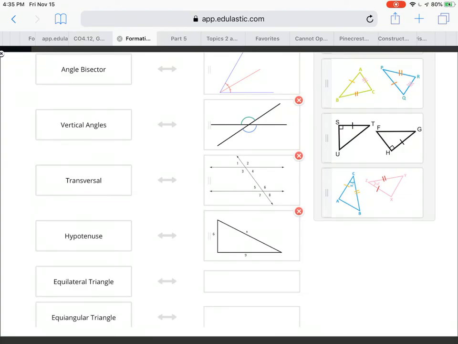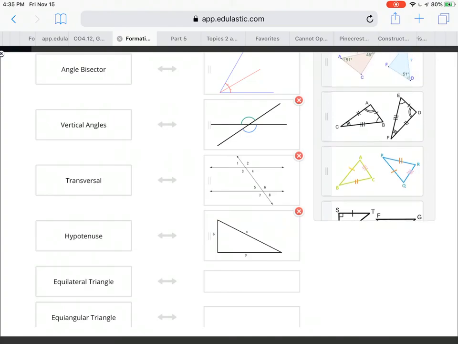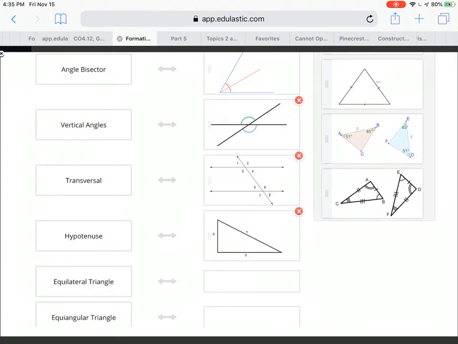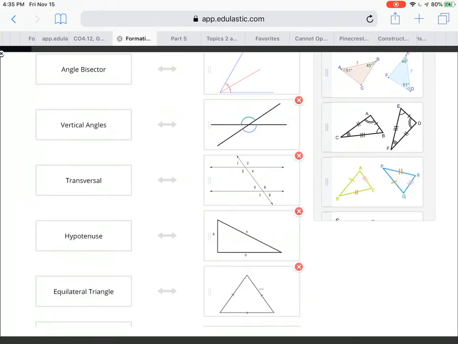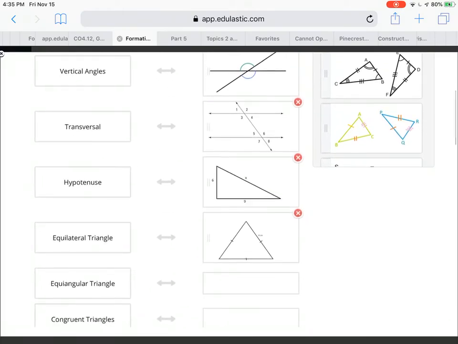Equilateral triangle. So an equilateral triangle is a triangle for which all the sides are the same. Okay, so this image right here has marks on the sides. Sorry, each side has 1 mark, so they're all congruent to each other.